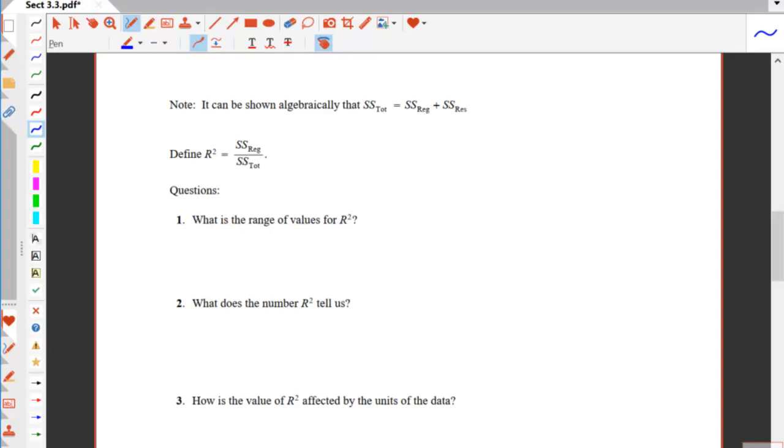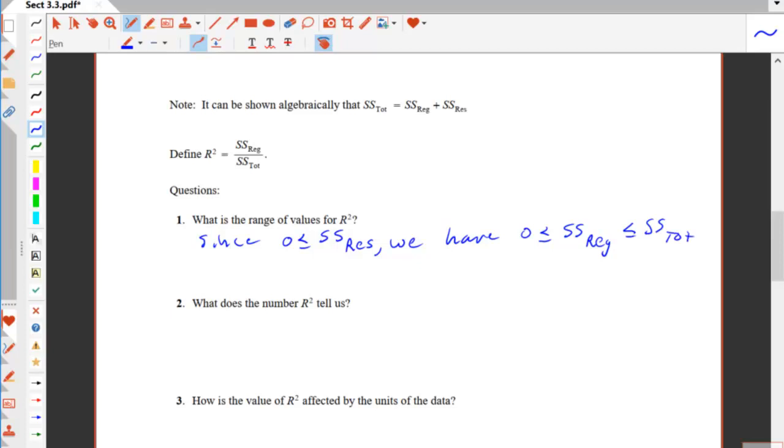And let's answer some concept questions here. What's the range of values that R squared could take? Well, since SS residual is greater than or equal to 0, it's the sum of the squares of some things, then if I come to this equation, this term is going to be non-negative.